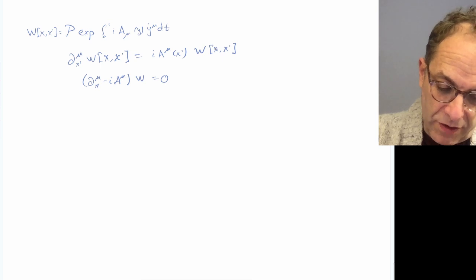So that's why it transforms with a U at x prime on the left.